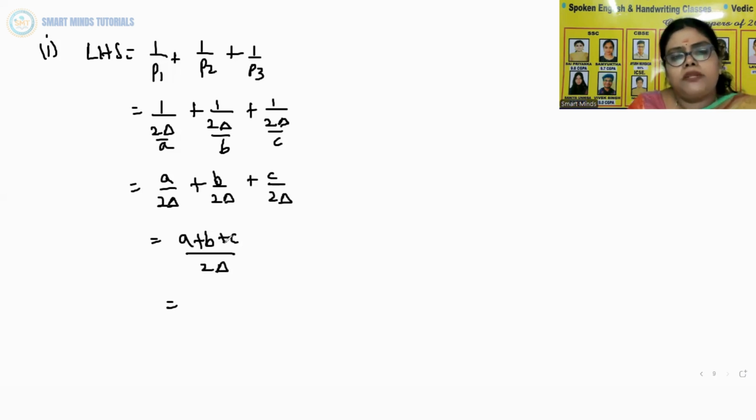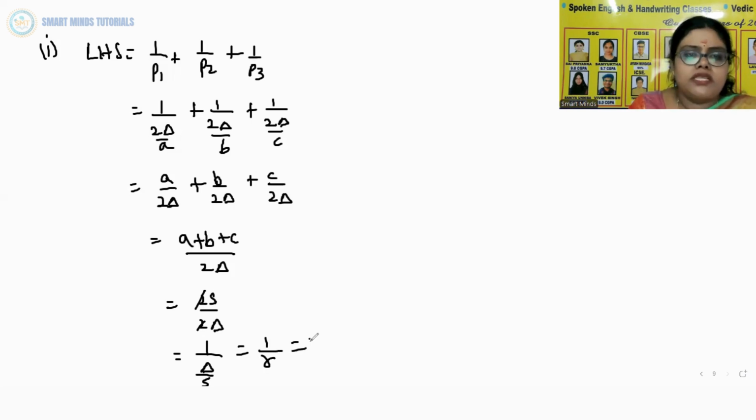But we know that a+b+c is 2s, so 2s by 2 delta, the 2 cancels. This is s by delta. We can write it as 1 by (delta by s). But we know that delta by s is r, which is equal to the RHS. So this way, the first bit is proved.